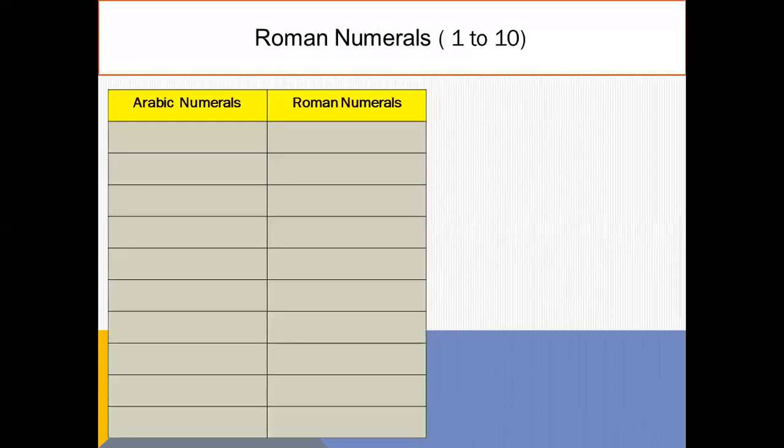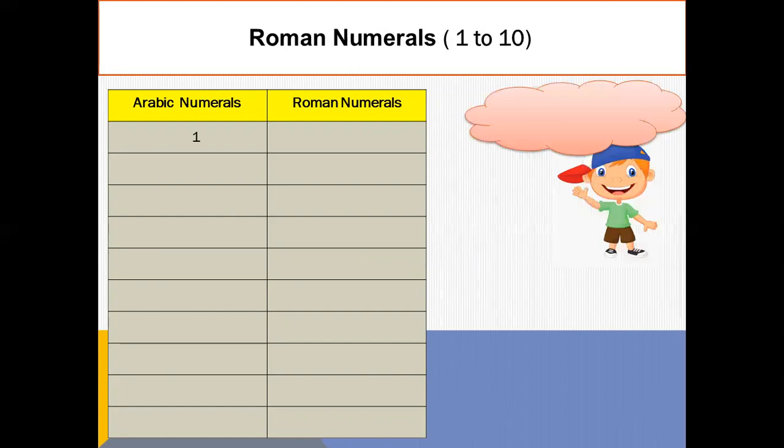Let's reinforce Roman numerals from 1 to 10. 1 is written as I. The letter I means 1. 2 is written as II. That means 1 plus 1. Similarly, we can write 3 by using the letter I. 4 is written as IV.